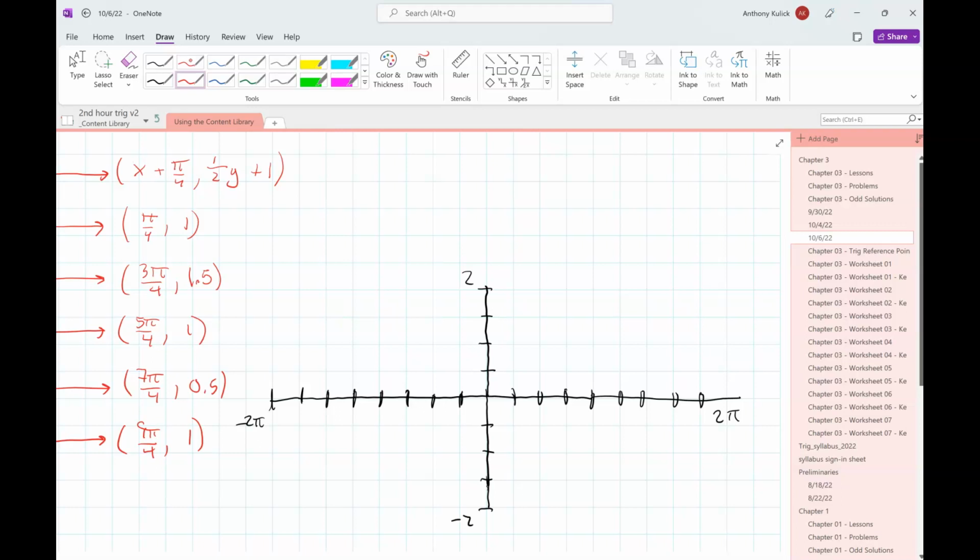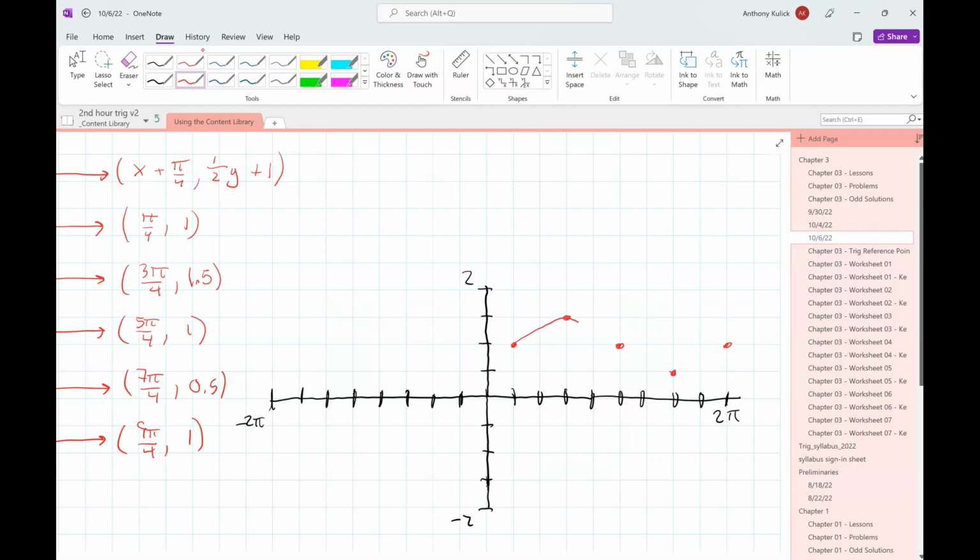So I have pi over 4, 1, 3 pi over 4 and 1.5, 5 pi over 4 and 1, 7 pi over 4 and 0.5. Then 9 pi over 4 is off the chart, but I'll put one extra tick mark in there so I can put it in.